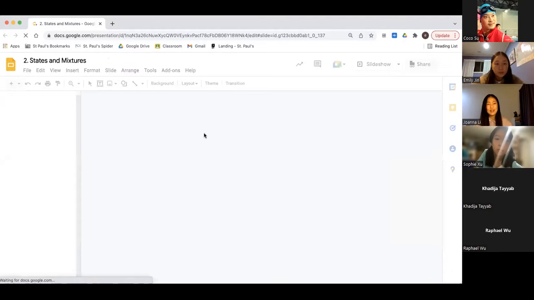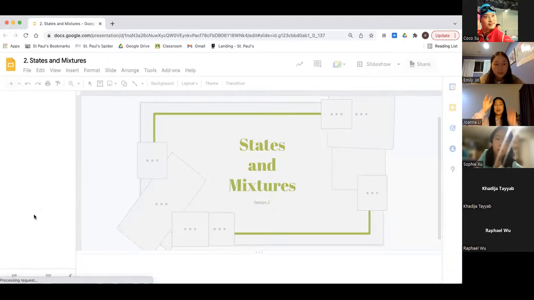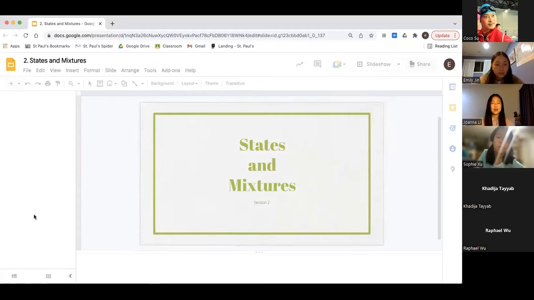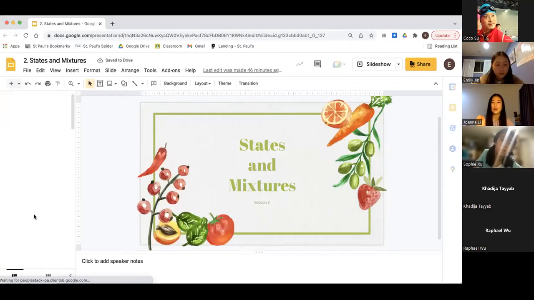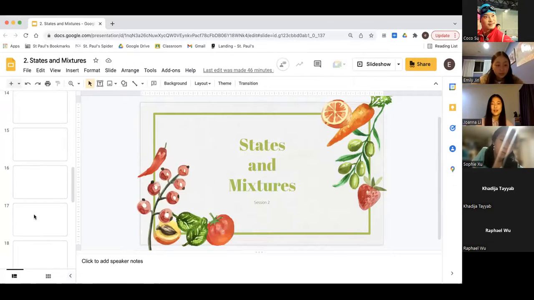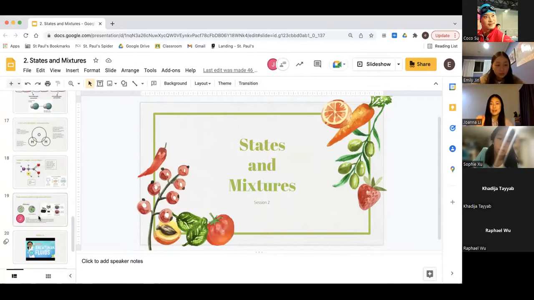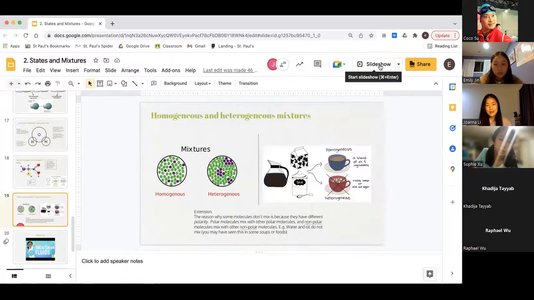Cool. So if we think back to our flowchart from before, when we categorize mixtures, there are 2 types of mixtures, right? There's homogeneous mixtures and heterogeneous mixtures. The prefix homo means the same and the prefix hetero means different.